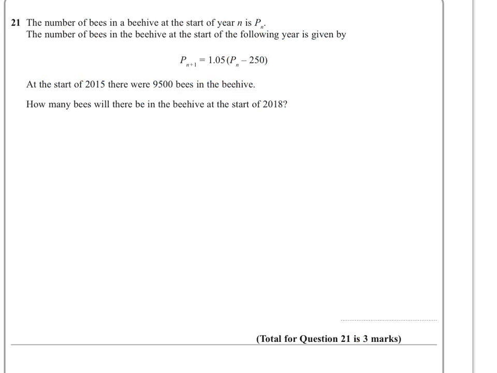Question 21. The number of bees in a beehive at the start of year n is P subscript n. The number of bees in a beehive at the start of the following year is given by this following formula. So I'll write this out again.